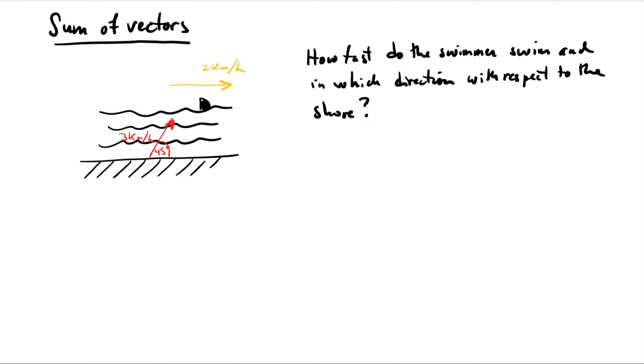Because someone taking a look at that swimmer will have the impression that he's swimming a lot faster than 3 kilometers per hour because he's being helped by the current.